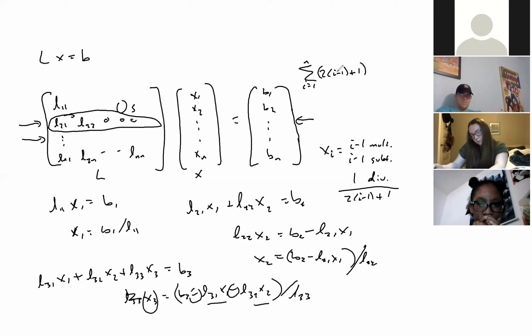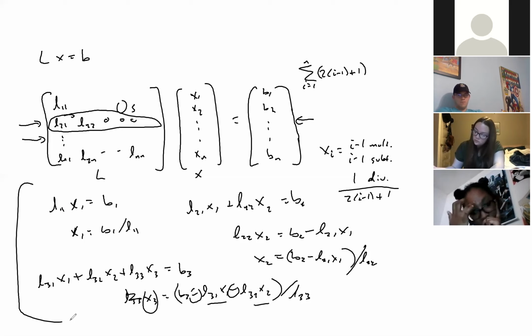Mari, I don't know if writing out these lines helps in any way. But maybe if you write out one or two more of those lines and pick up on the pattern, you'd start to see how many operations it takes to do each one of these.